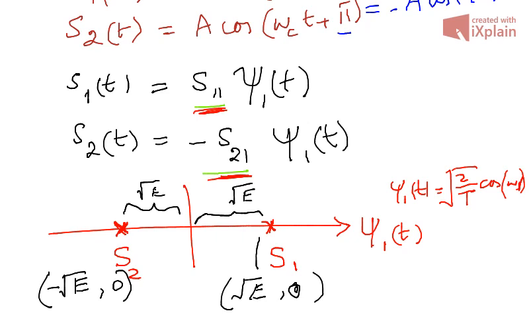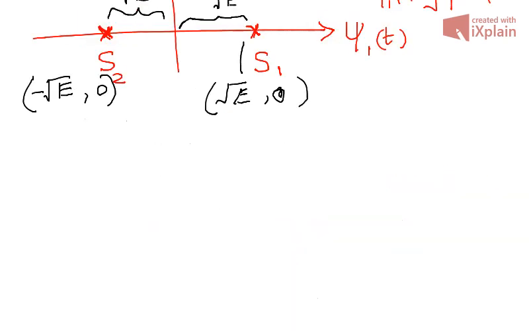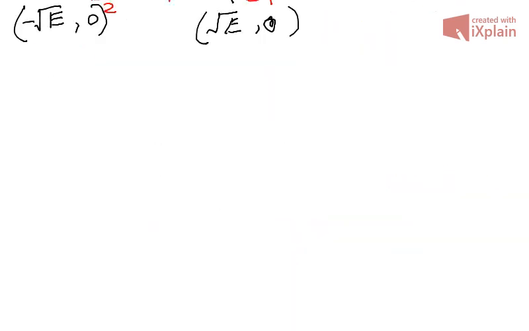If you are interested in finding the energy of your BPSK signals, we call it Eb. These S1 and S2 are called symbols. You would see the books and the literature use the word symbols for these signal points in the Euclidean space.